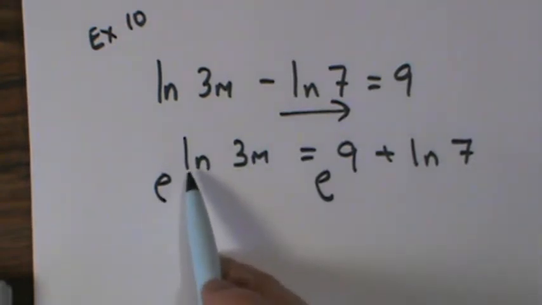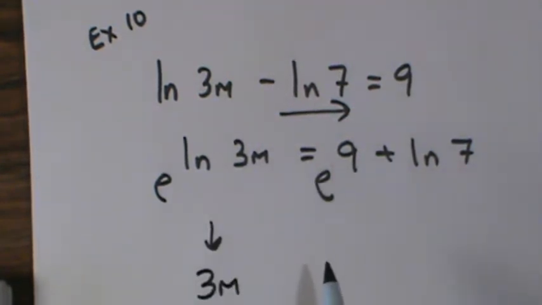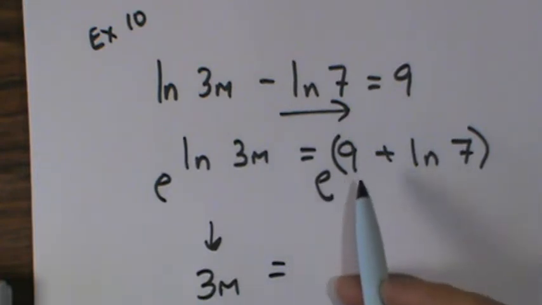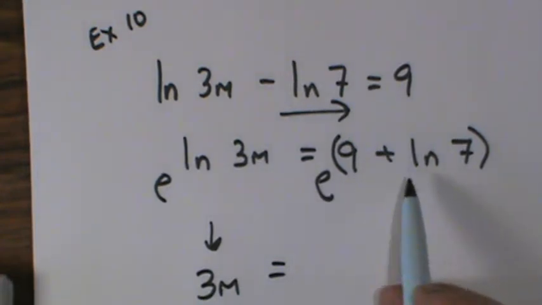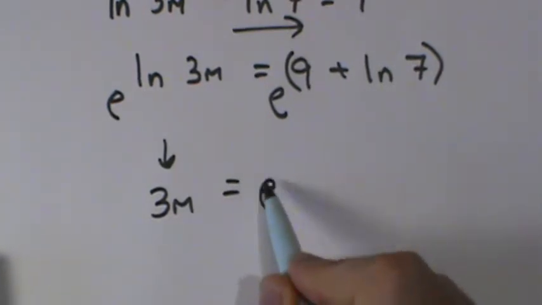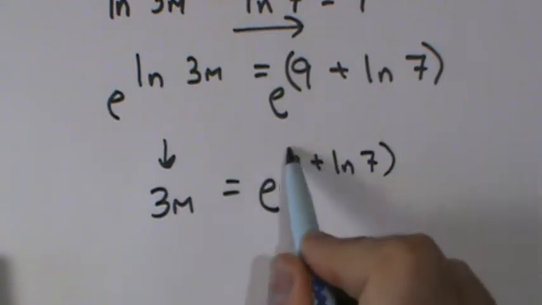So if I e the natural log of 3m, this comes down as just a straight 3m. And on this other side, this is all being raised to that power. And I can actually put that into the calculator, even though it's a goofy number. So I have e raised to the 9 plus natural log of 7.